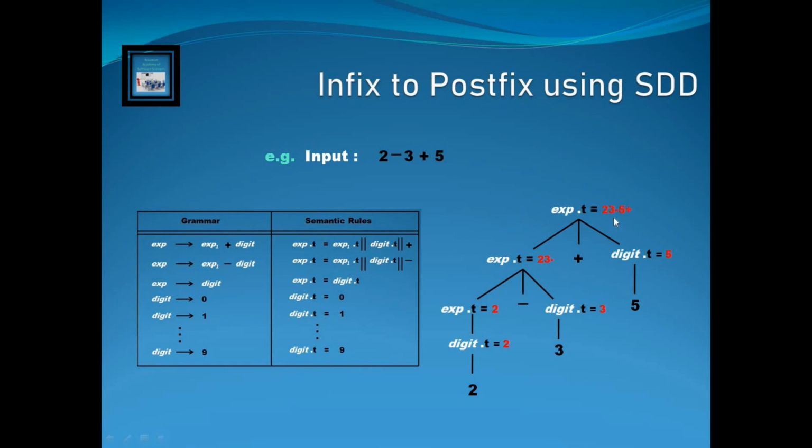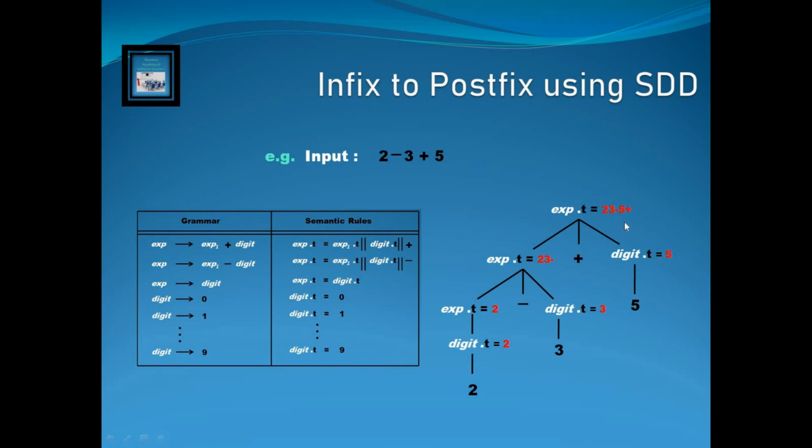Here the production expression plus digit is used, so we see the syntax directed definition: the main expression's postfix form is equal to the sub expression's postfix form, meaning 2 3 minus, then the digit's postfix form, meaning 5, and then plus.